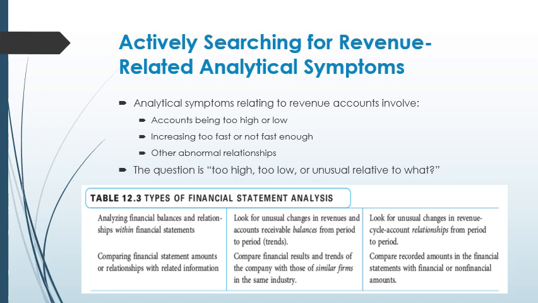And then you can also compare financial results and trends of the company with similar firms in the industry, or compare recorded revenue in the financial statements with assets or other financial or non-financial information. Comparing the results to trends in the same industry can be very helpful. If a company is performing well while other companies in the industry are performing badly, this may be a sign of fraud.